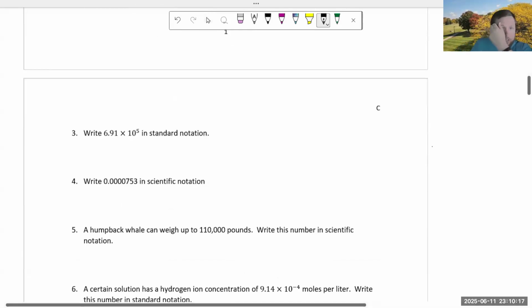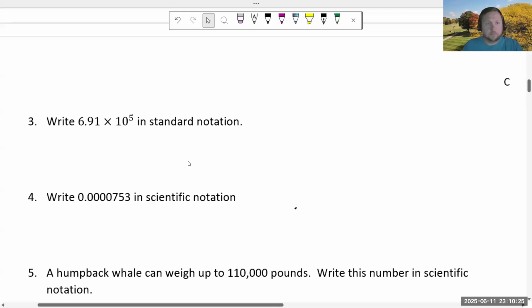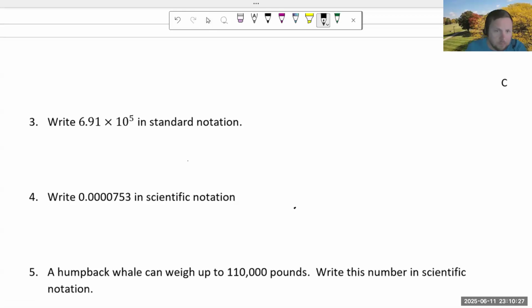Number 3, write 6.91 times 10 to the 5th in standard notation. I see that's 10 to the 5th, which means my result is going to be a big number.